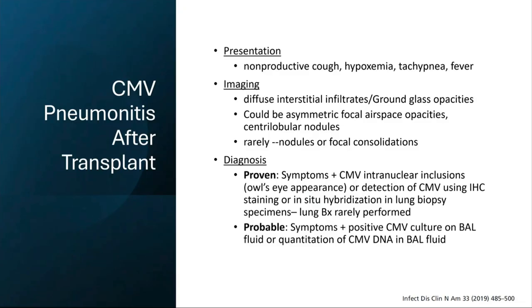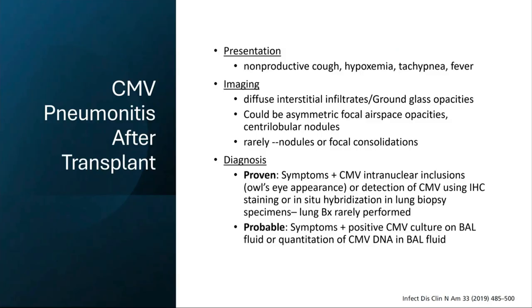In terms of the presentation, there are no really classic signs for CMV pneumonia, so you will have evidence of general pneumonia symptoms such as hypoxia, non-productive cough, fever, shortness of breath.